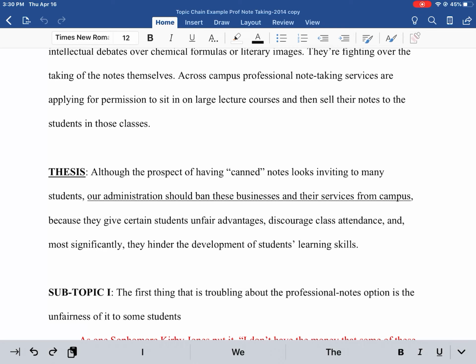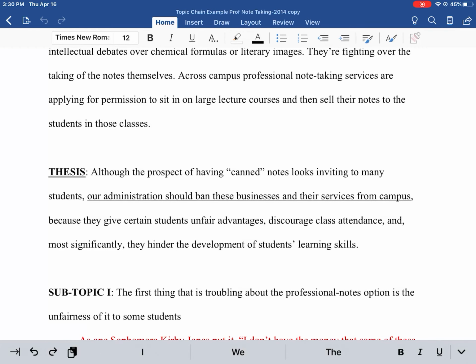Even though the prospect of having canned notes looks inviting to many students, comma, our administration should ban these businesses and their services from campus. You might recognize a strong should policy thesis right there. What should the administration do? Ban note-taking services. That's going to be my whole paper.